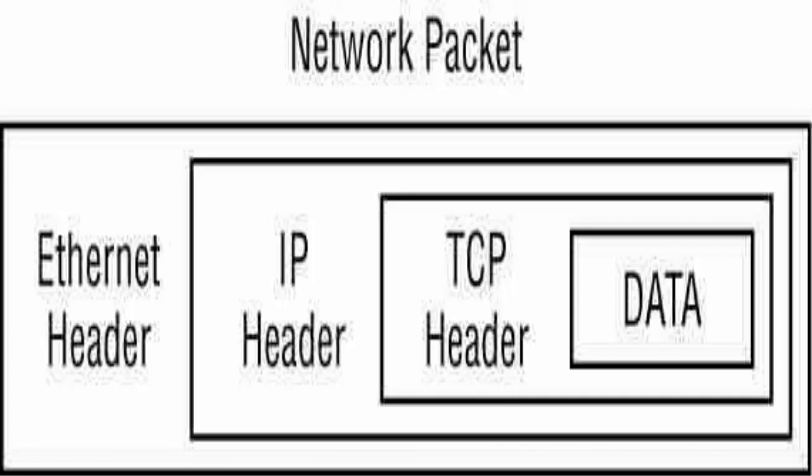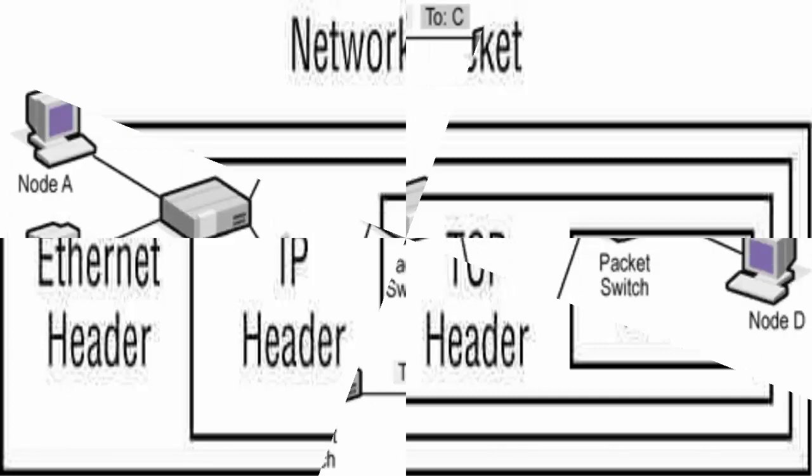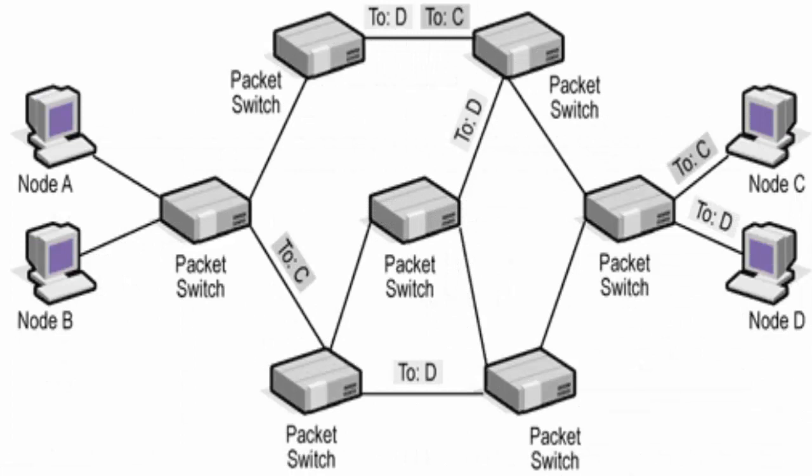Each packet is then sent off to its destination by the best available route, a route that might be taken by all the other packets in the message or by none of the other packets in the message. This makes the network more efficient. First, the network can balance the load across various pieces of equipment on a millisecond by millisecond basis.